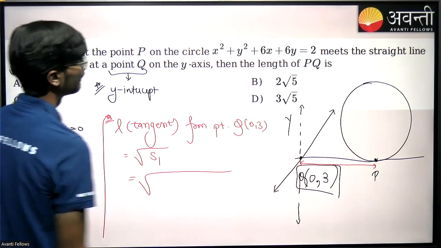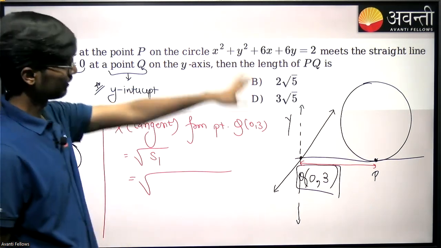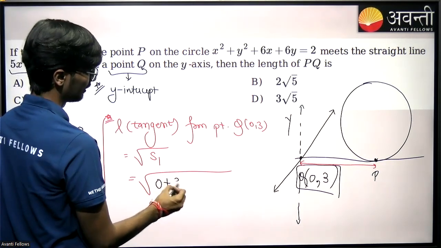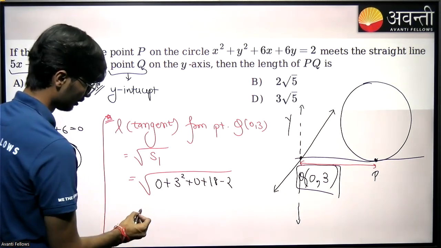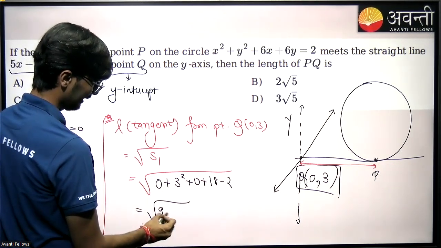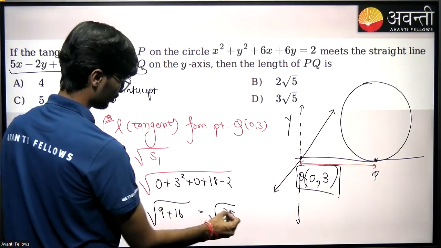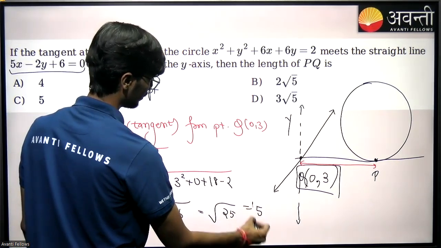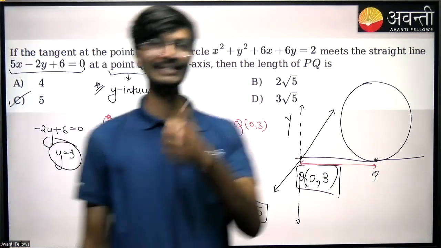So root of, let me change the color again. What is S1? (0, 3). So let us substitute (0, 3) here. 0 plus 3 squared plus 0 plus 18 minus 2. So under root of 9 plus 16, which is under root of 9 plus 25, which is 5. Length of tangent is 5, which is option number C.